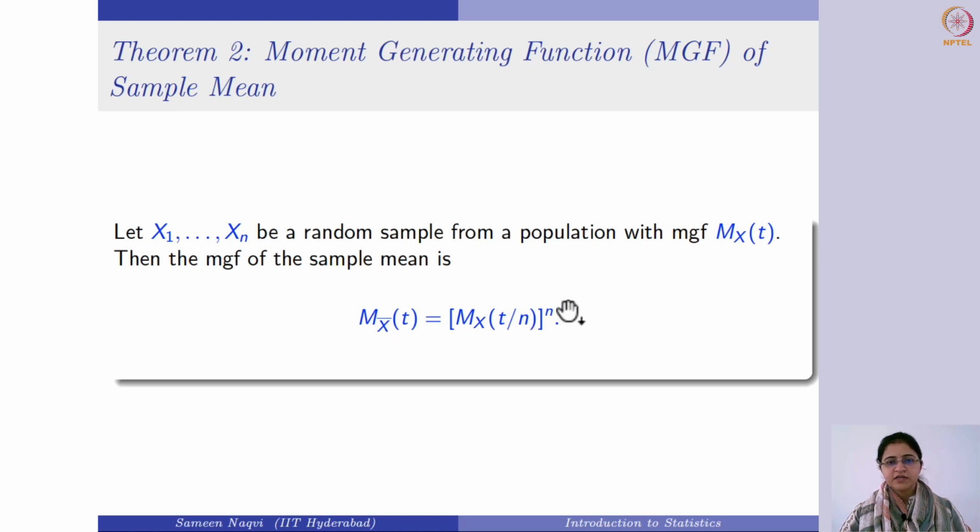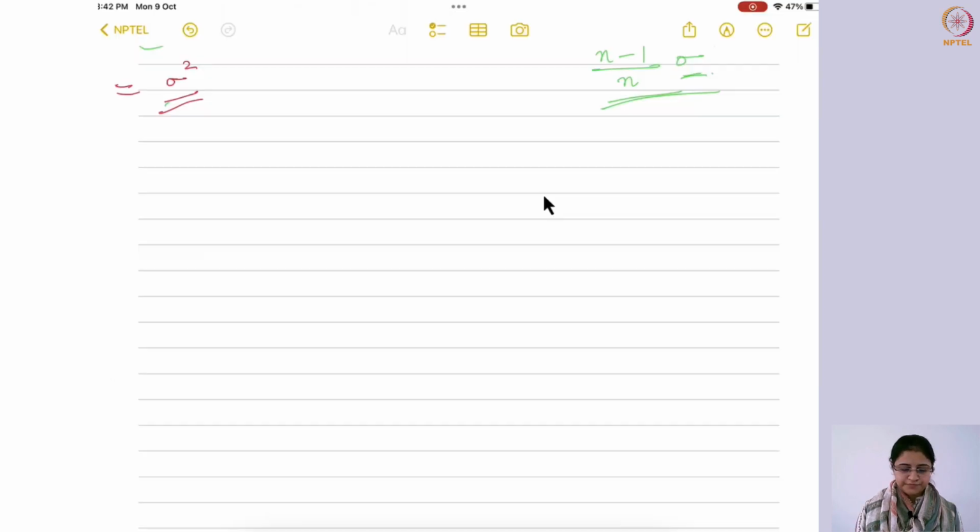Because they are identical, each xi will have the same MGF because they are coming from the same population. So instead of the MGFs of the individual xi's, you would just have the same MGF as the base and raise it to the power n. Let us see how we prove this.